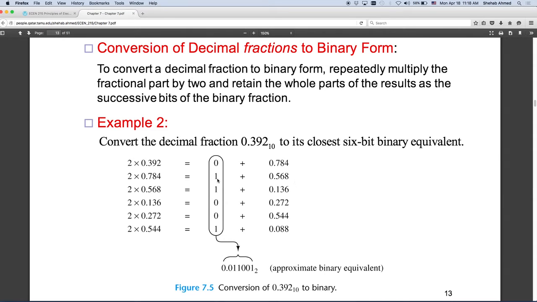So I keep the 1, and the 1 plus 0.568. So always subtract 1 and keep the 1 on the left hand side to construct your binary number. So you take this number, multiply it by 2. If there's a 1, keep it here, and then it's a plus the decimal portion. And you keep going.